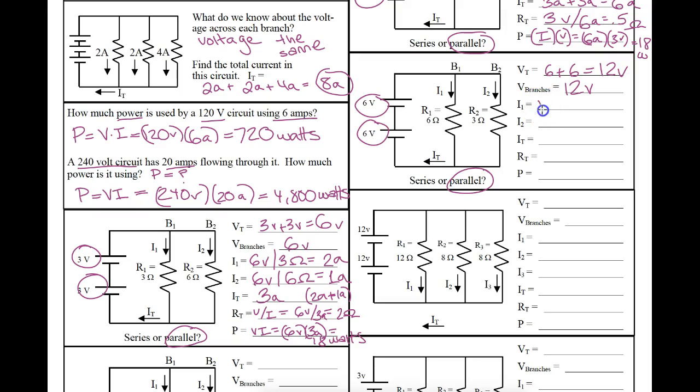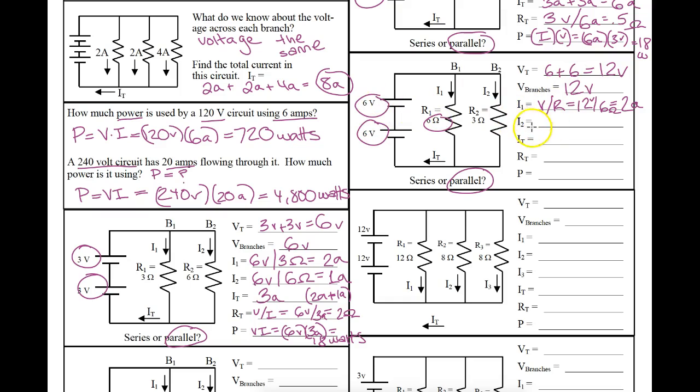So it's voltage divided by resistance equals 12 divided by 6 equals 2 amps. And again, this is volts, and this is ohms here. I got it from here. And then this was the volts.